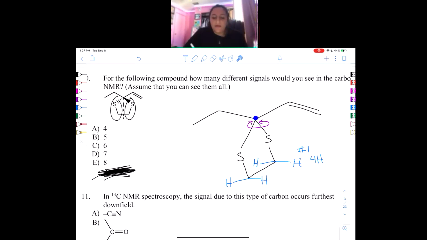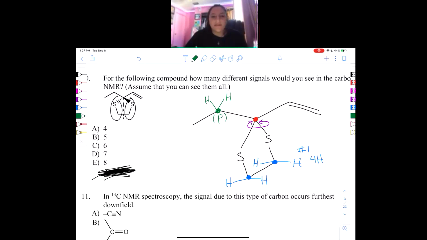Sweet. So then if we go up here, there are no hydrogen signals, but there is a carbon signal. We have one carbon signal, but no hydrogens. Let's go to this side first. We have two H's, so this is a potential chiral center.